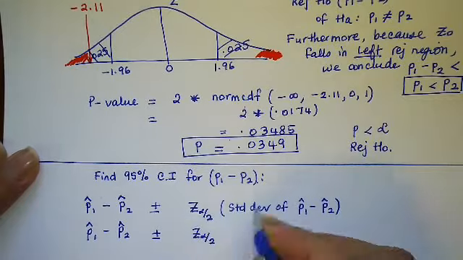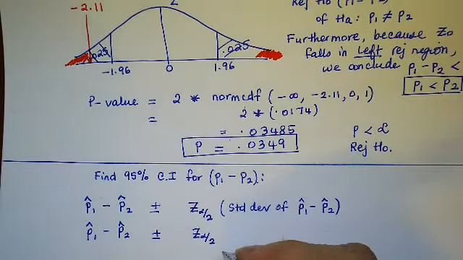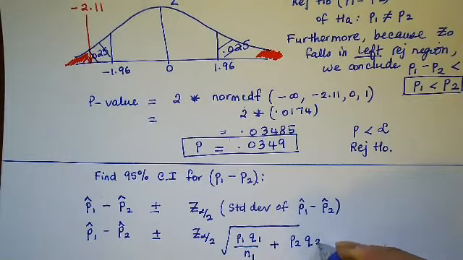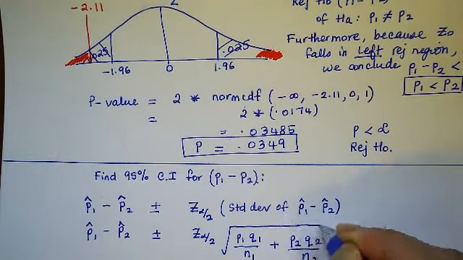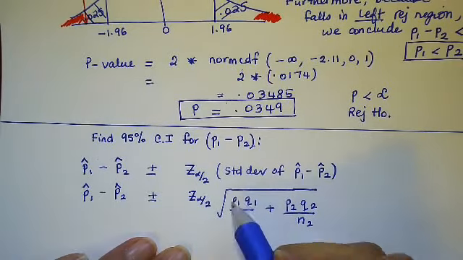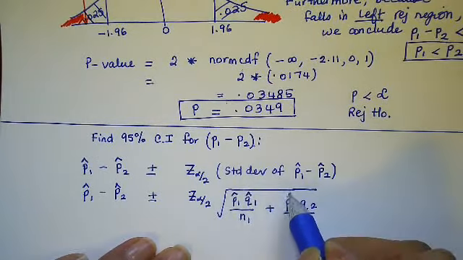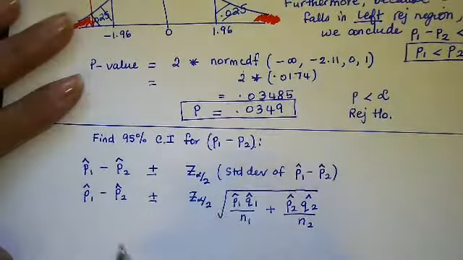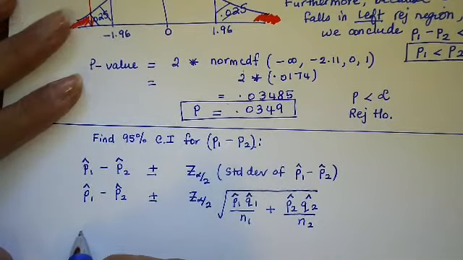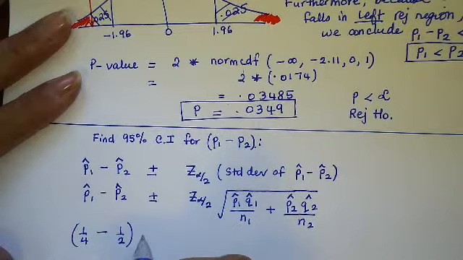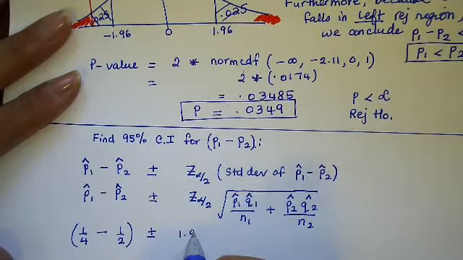This is only in the case where the null hypothesis is true, and we do not assume that when we're doing confidence intervals. So this would be P1 hat minus P2 hat plus or minus Z alpha over 2 times the square root of P1 Q1 over N1 plus P2 Q2 over N2. And since we don't know what P1 and Q1 and P2 and Q2 are, the best we can do is use the sample proportions that we got from our matrix.